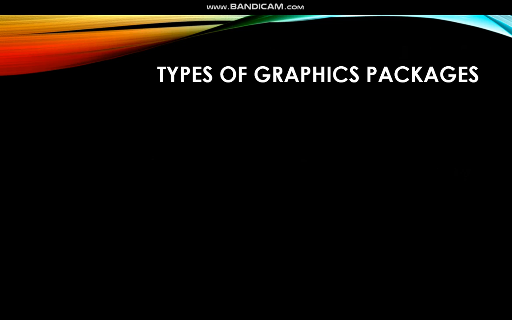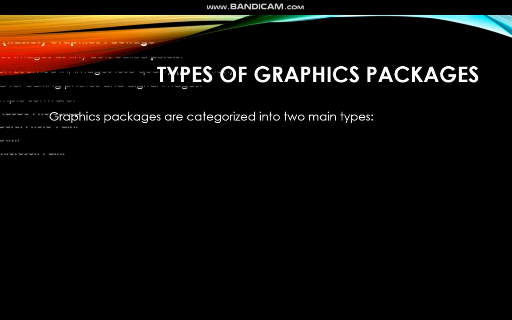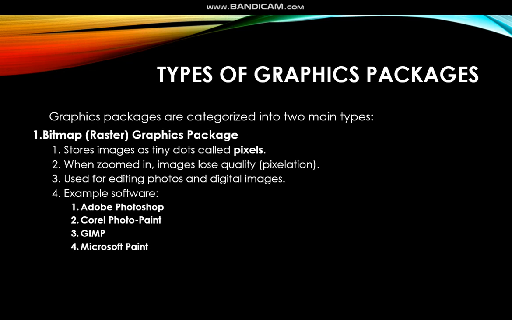Then now we'll be looking at the types of graphics packages. The graphics packages are categorized into two main types, and the first type is the bitmap, or you can call it raster graphics package.